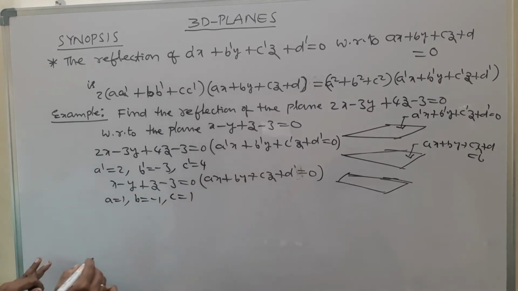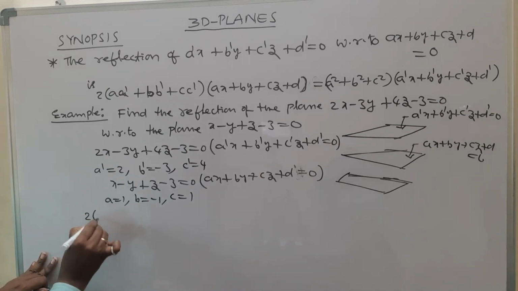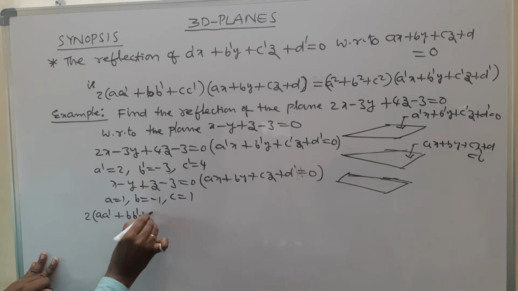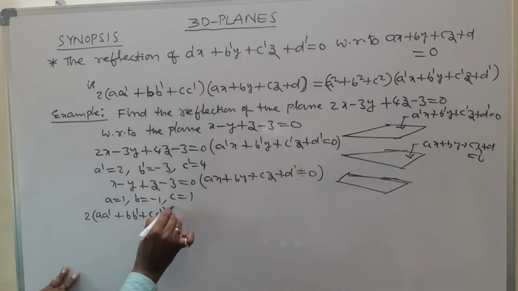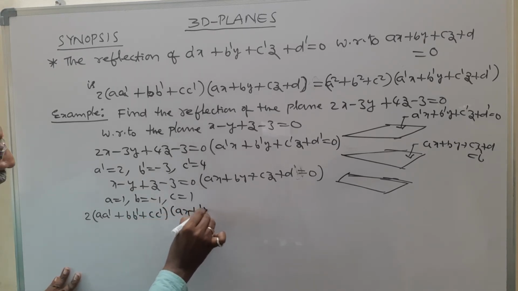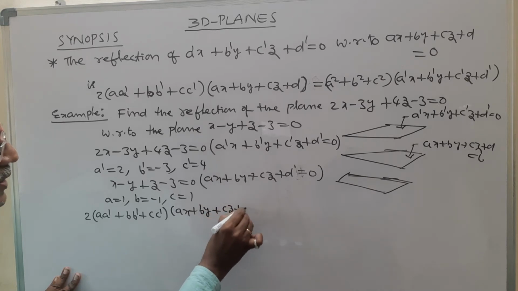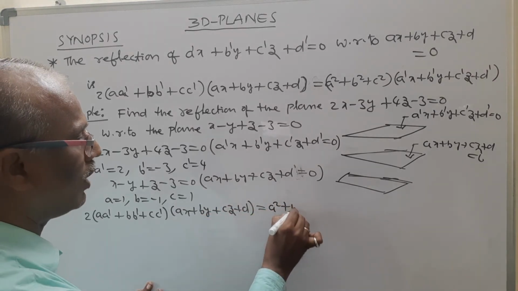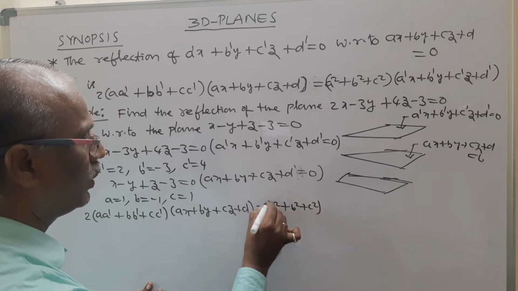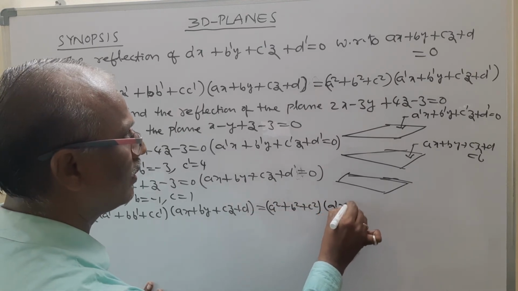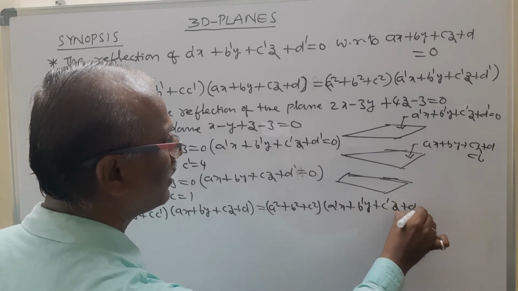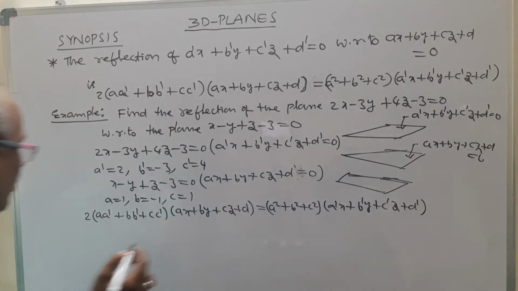The formula: 2 into (a dash a plus b dash b plus c dash c) into (ax plus by plus cz plus d) equal to (a square plus b square plus c square) into (a dash x plus b dash y plus c dash z plus d dash). This is the formula.